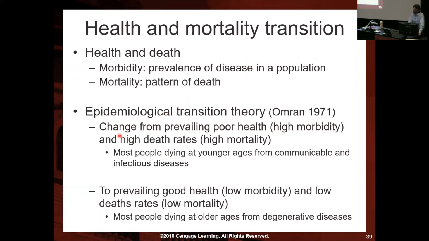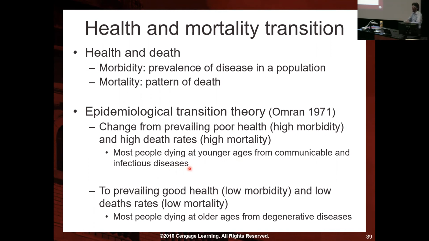So you have previous moments of prevailing poor health, so high morbidity and high death rates, high mortality. And in those previous societies, most people were dying at younger ages from communicable and infectious diseases.